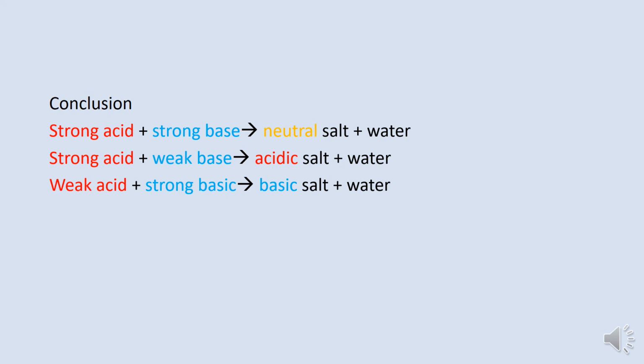Conclusion here: when a strong acid reacts with a strong base, the salt that we get is a neutral salt plus water. So remember, strong with strong gives a neutral salt. The second conclusion: strong acid reacts with weak base, the salt is an acidic salt plus water.